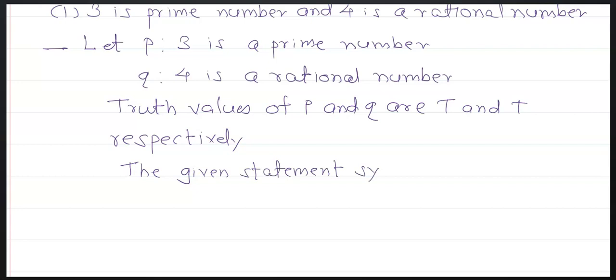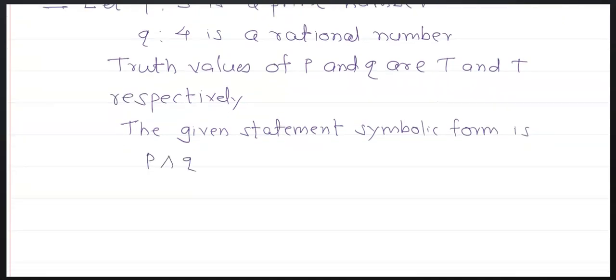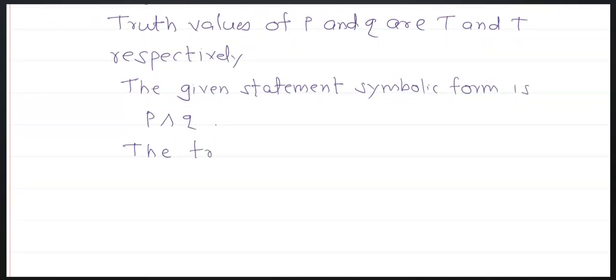Therefore, the given statement in symbolical form is P and Q. Therefore, T and T, both of them are true, then it is true for the AND table. What is to remember for the AND table? If both of them are true, then it is true, otherwise false. The truth value of the given statement is true.